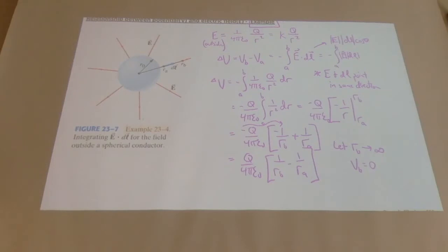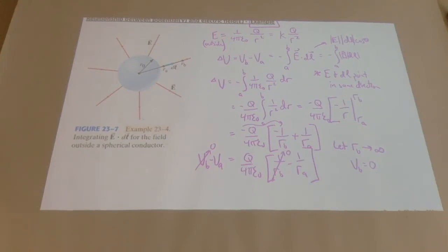So remember that on the left-hand side of this equation, I have VB minus VA, which is delta V. So VB is going to be 0, and RB is infinity, so that's 1 over infinity, so that term is going to be 0.